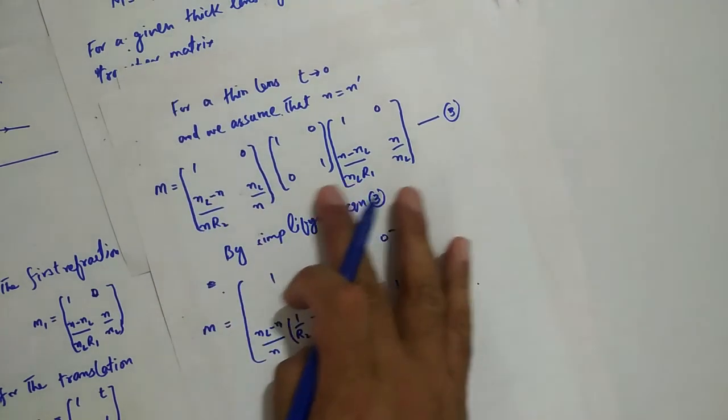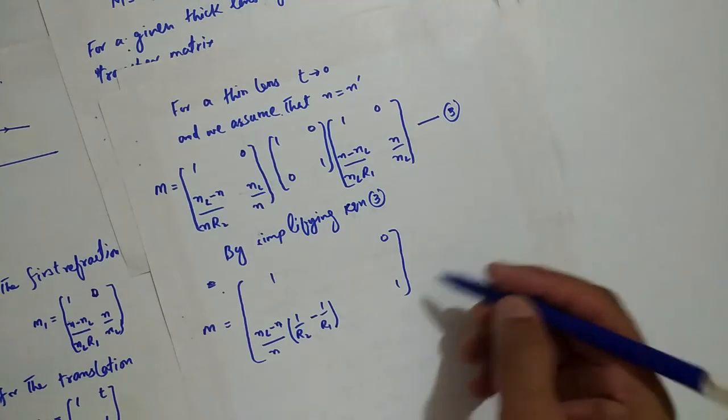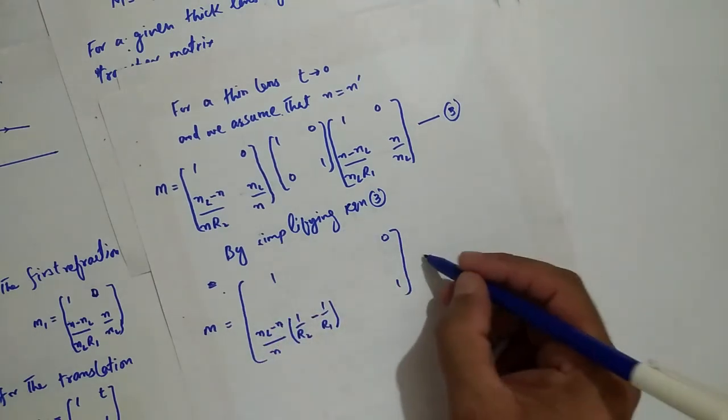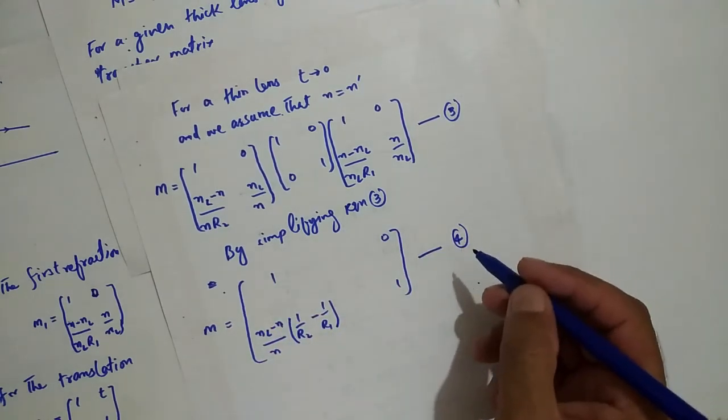So if you can't remember this ray transfer matrix, this is the simplified form. This is equation number 4.